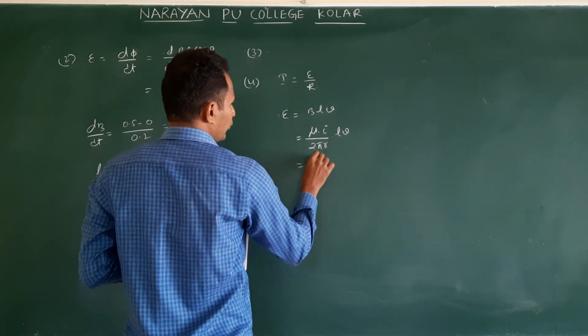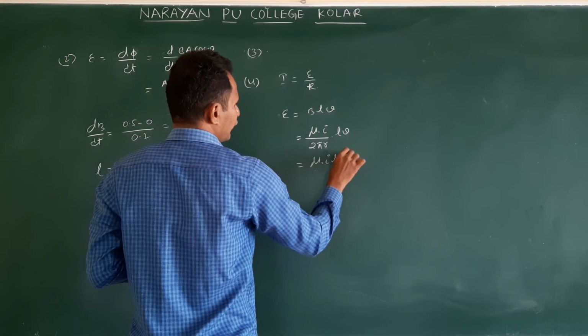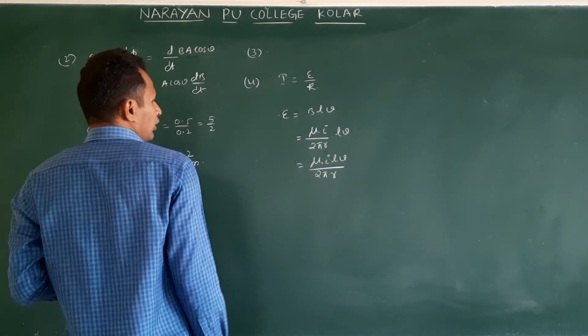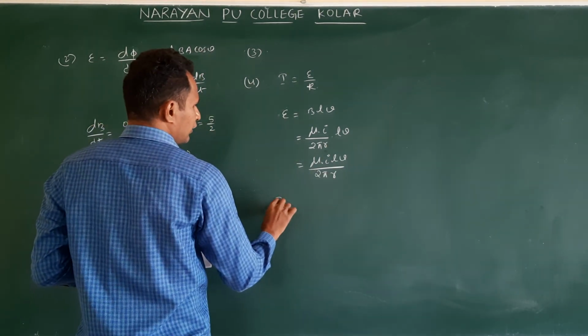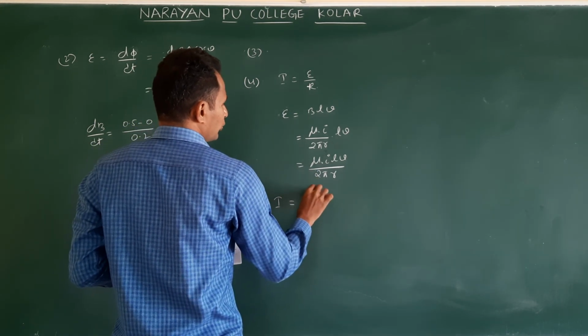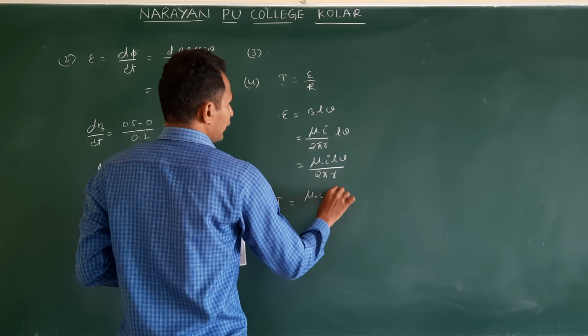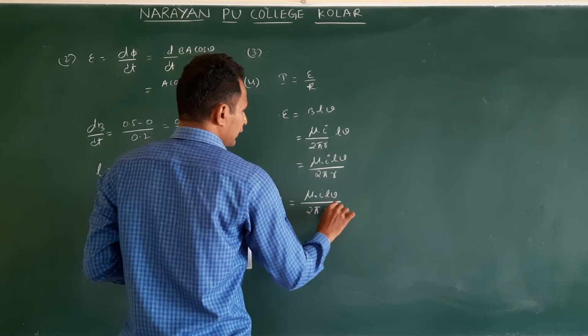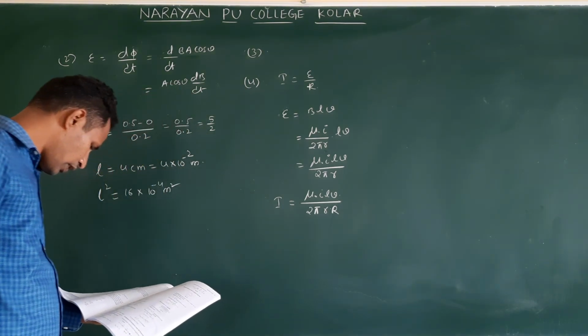Then this will be mu naught ILV by 2 pi R. Then I is equal to, substituting, mu naught ILV by 2 pi R, the smaller R and capital R.